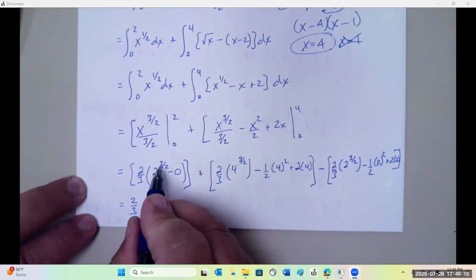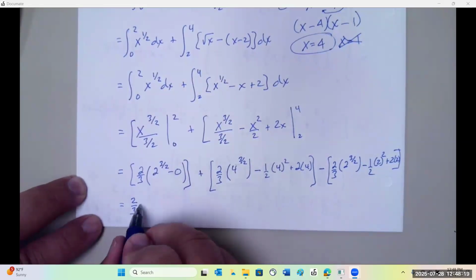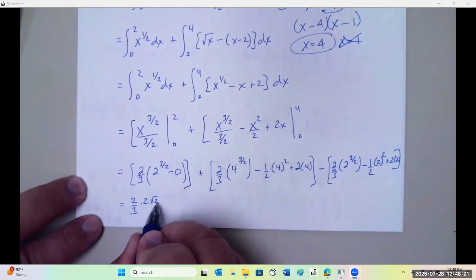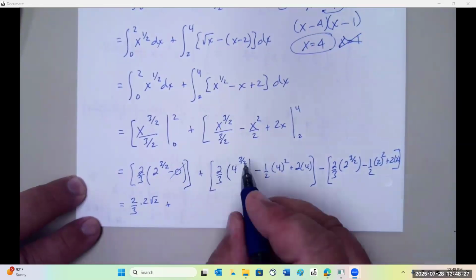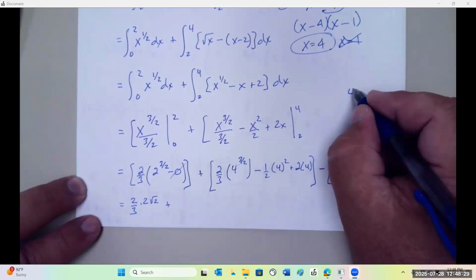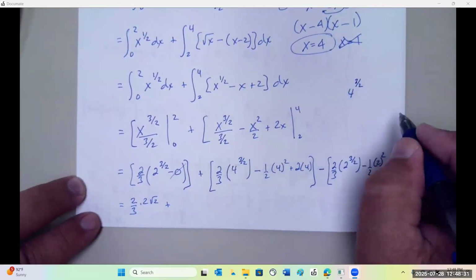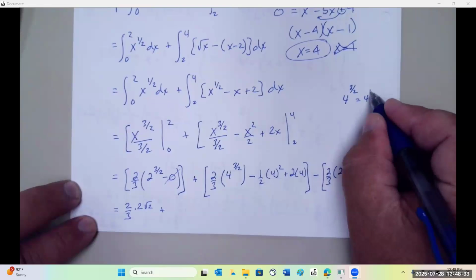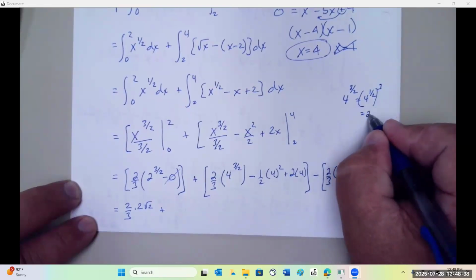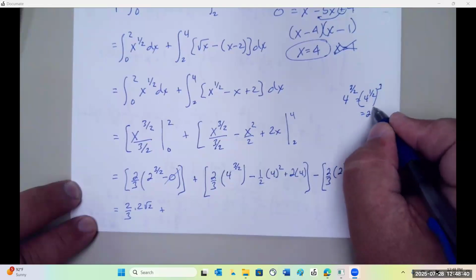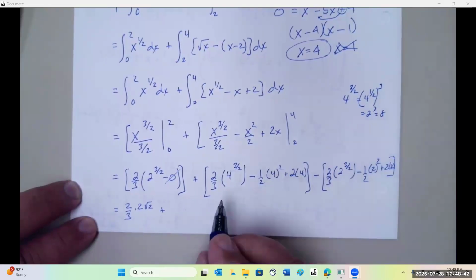So 2/3, 2 to the 3/2, as we figured out earlier, was 2 square root of 2, minus 0. That doesn't do anything. Now, if we have 4 to the power 3/2, we can do the square root of 4 first and then cube it. So the square root of 4 is 2, cubed is 8.